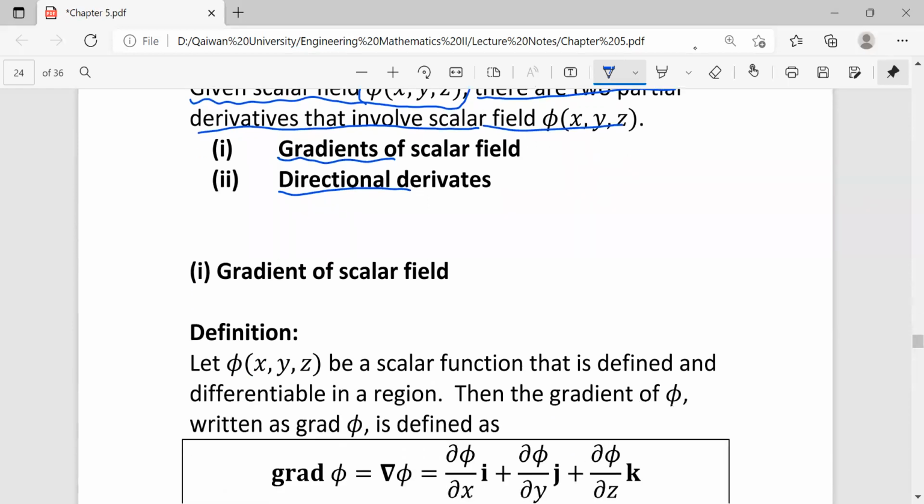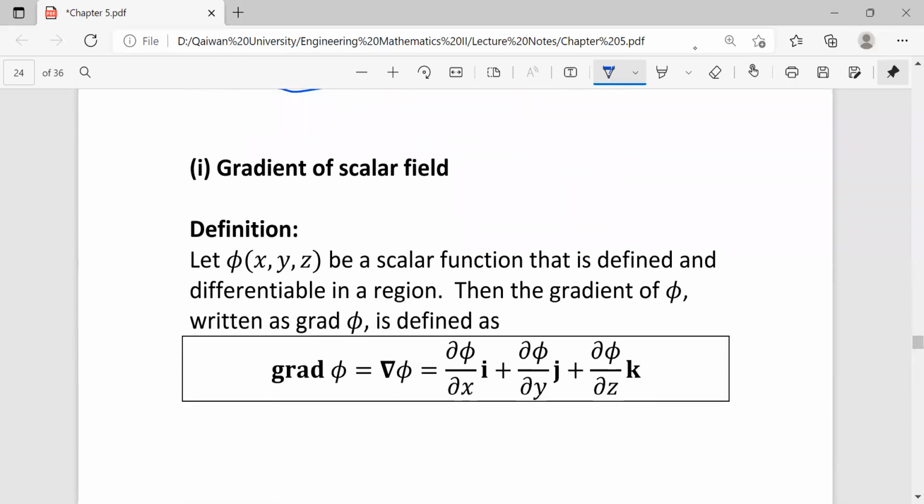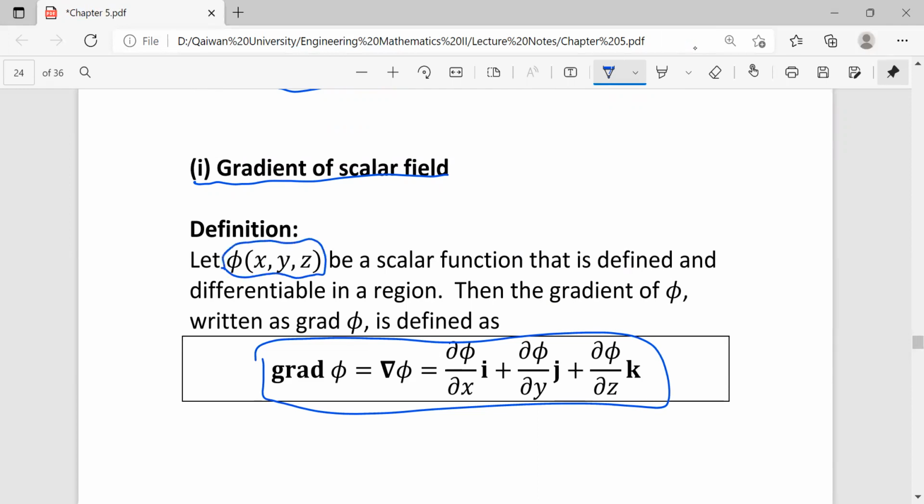First, we have the gradient of scalar fields. For finding the gradient of a scalar field, we use this rule. Let phi of x, y, z be a scalar field. It's a function of x, y, z. We say grad phi, and it's denoted by del phi.